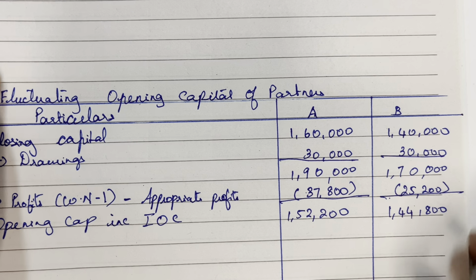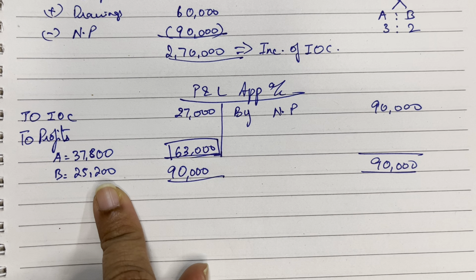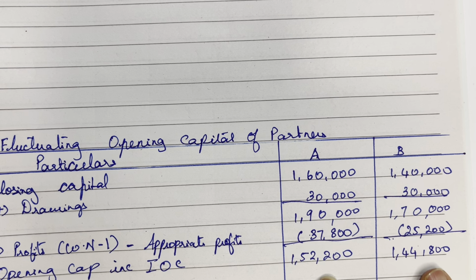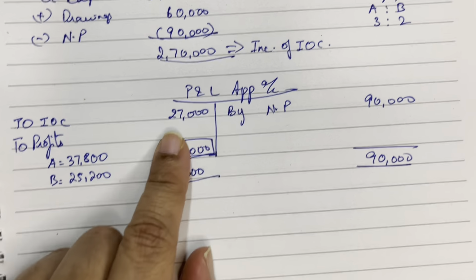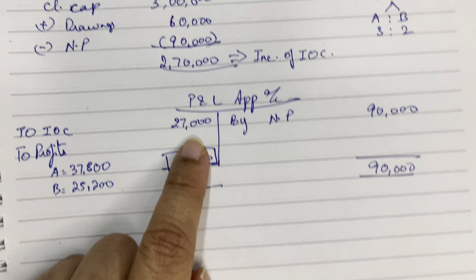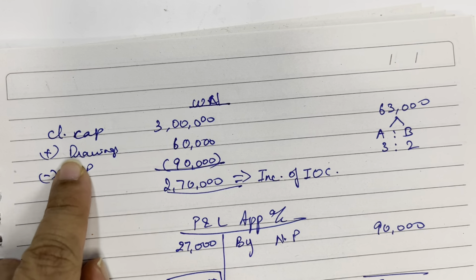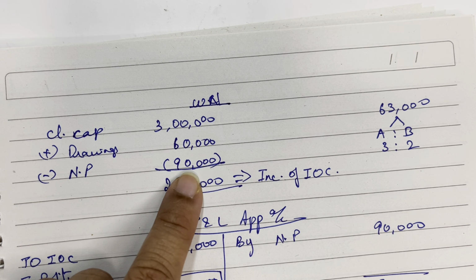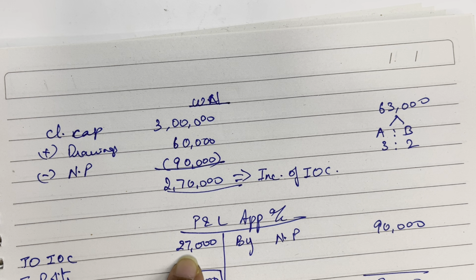Now you may wonder that over here we've already calculated the interest on capital and found out the profits. Why again are we saying that this amount includes the interest on capital? That is because this 27,000, how did we get it? We got it from this calculation: closing capital plus drawings minus net profit. On this we calculated 10% and we got 27,000. This 27,000 we calculated only for the sake of appropriating.